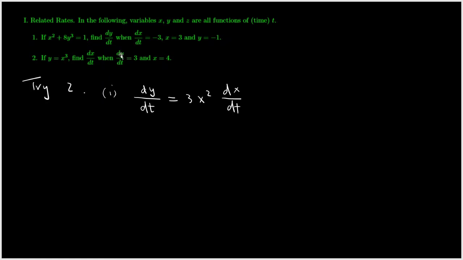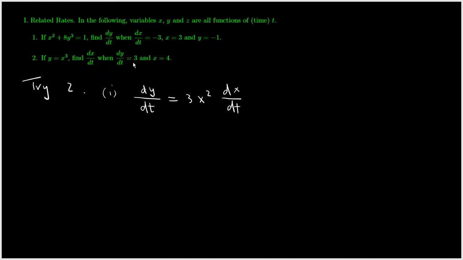And then you are given the rate of change of y, which is 3 units per second. Of course, you do not have to use seconds. If you are driving a car, it could be kilometers per hour or miles per hour, or whatever, right?